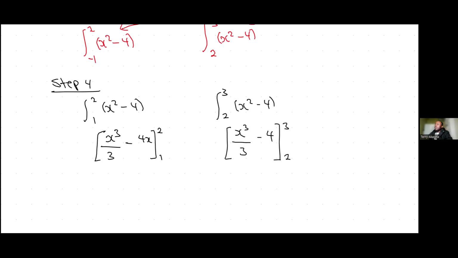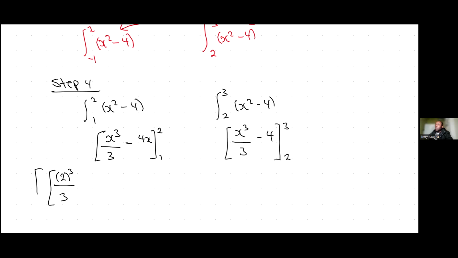So this is it. Then you have to substitute the upper limit minus the lower limit. So we're going to substitute the upper limit. It's going to become 2 cubed over 3 minus 4 into bracket 2. If you've not reviewed my previous video, it's a very good time to go back and see how to solve definite integrals and area under the curve when it's above the x-axis and below.